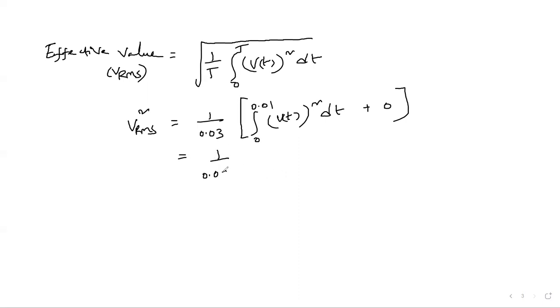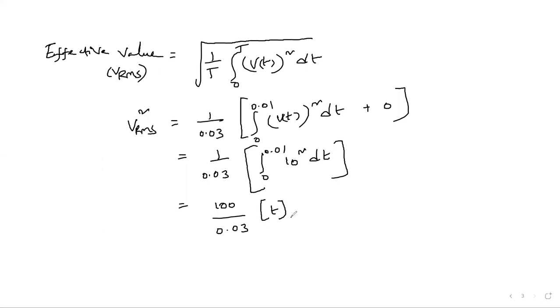That's why I wrote the direct step. So 0 to 0.01, what is the value of V of t here? 10. So 10 square dt. Now 10 square is 100 by 0.03 times the integration of t.